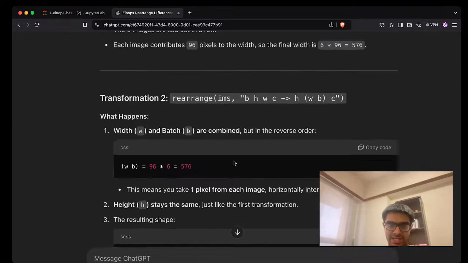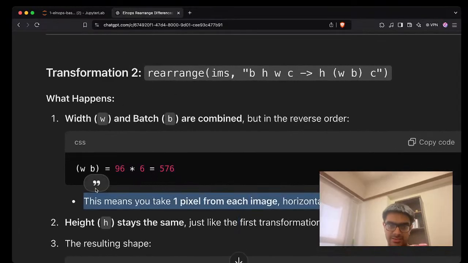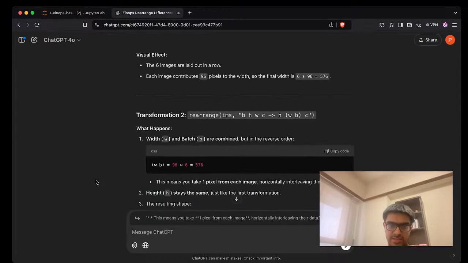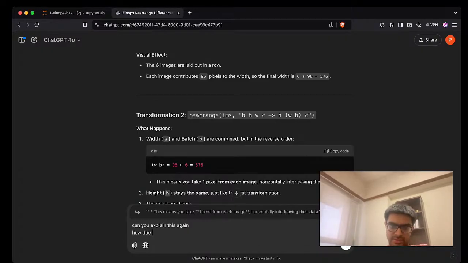So what we're saying is, can you explain this again? How does the interleaving happen?